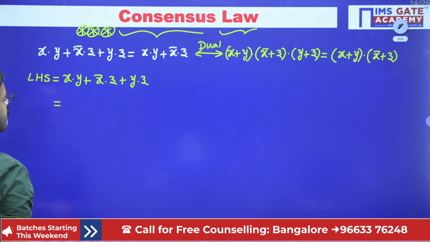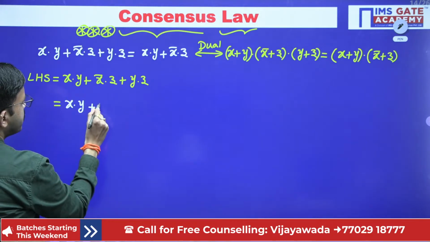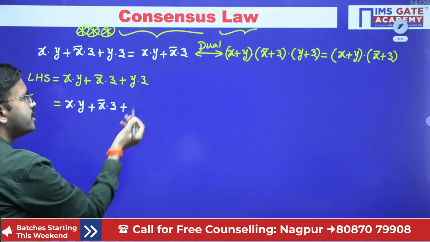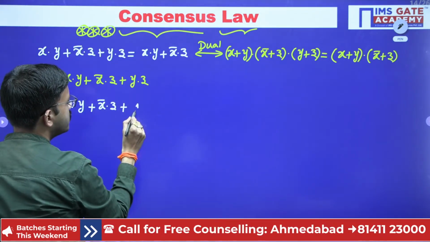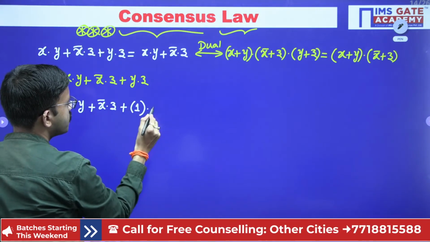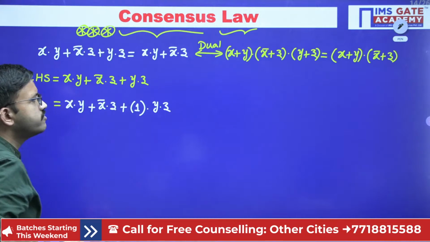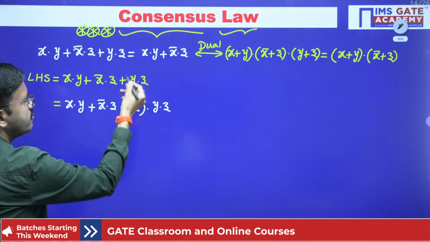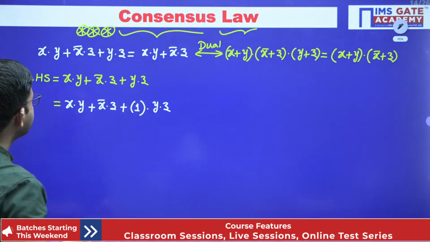The first 2 terms you can copy as it is: xy plus x bar z. Now here you have yz. This product term you can multiply with 1. When you multiply with 1, the resultant value will remain the same. X into 1 is nothing but x, and yz into 1 is nothing but yz.